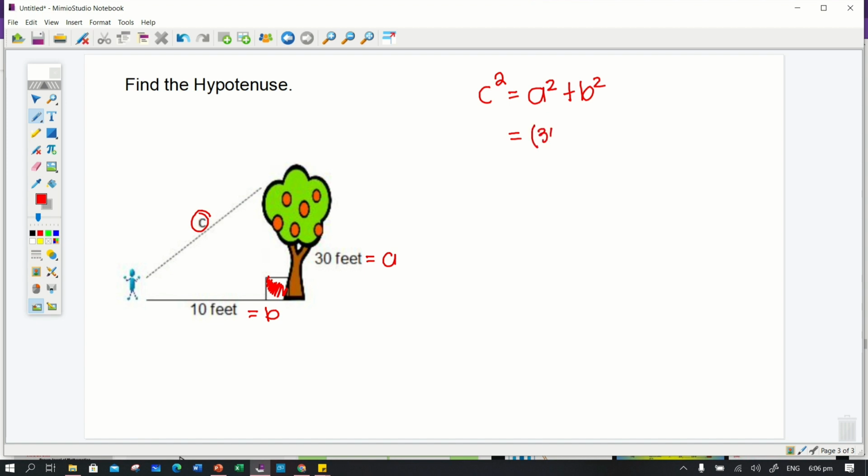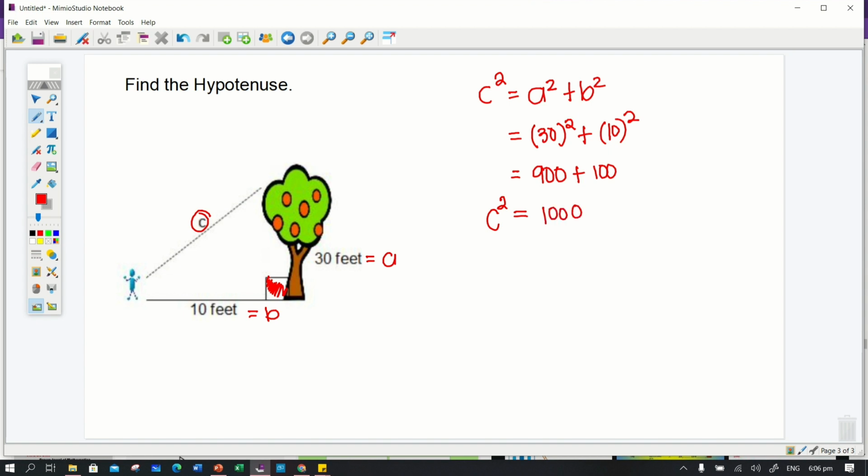So we have here 30 feet, or 30 squared, plus b, which is 10 feet, so that's 10 squared. 30 squared is 30 times 30, and that is equal to 900, plus 10 squared, which is 10 times 10, and that is 100. So we have here c squared is equal to 900 plus 100, that is equal to 1000.